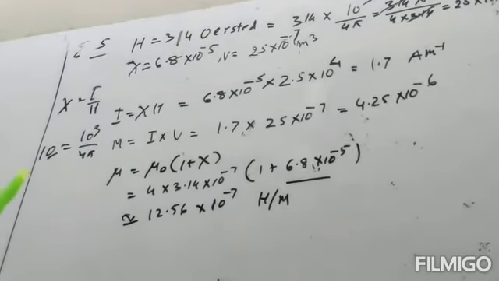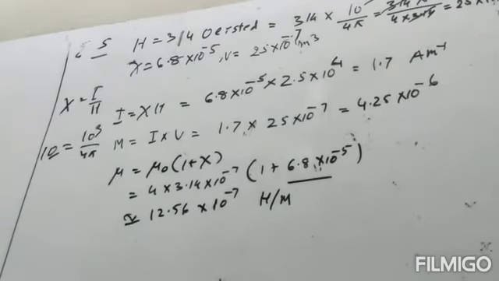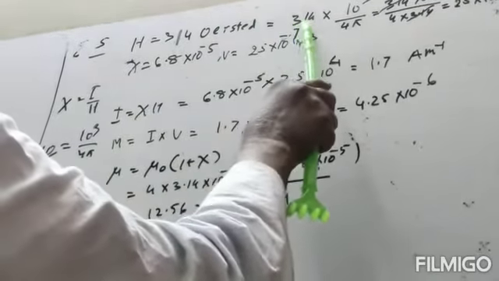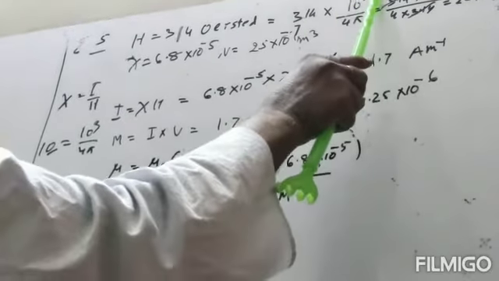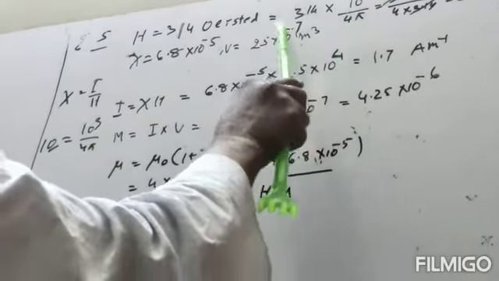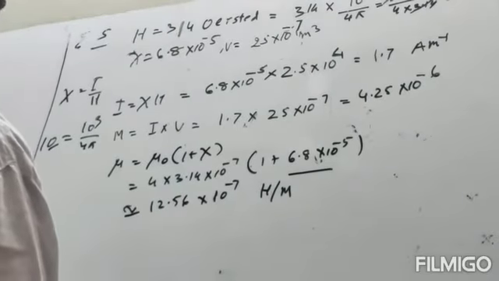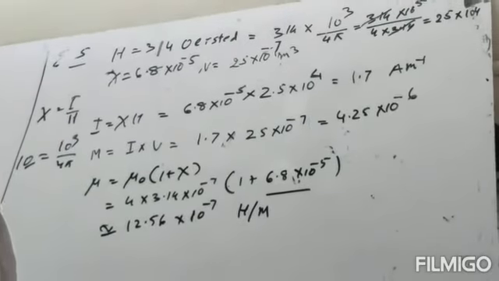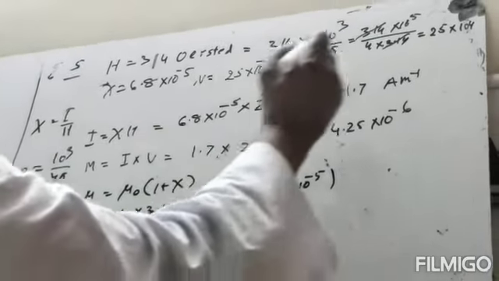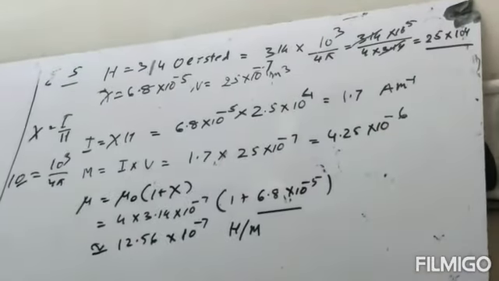So we convert it here. 314 into 10 raised to 3 divided by 4 pi. So here this cancels and its value will come 2.5 into 10 raised to 4. So this will be the value of H.